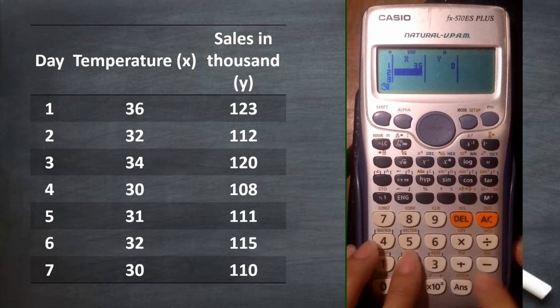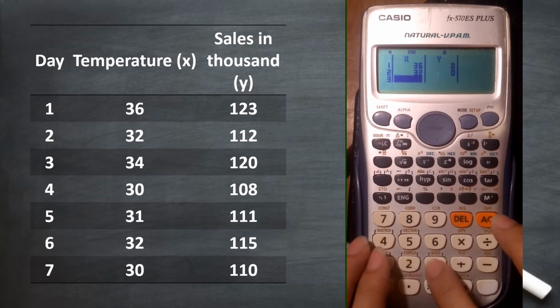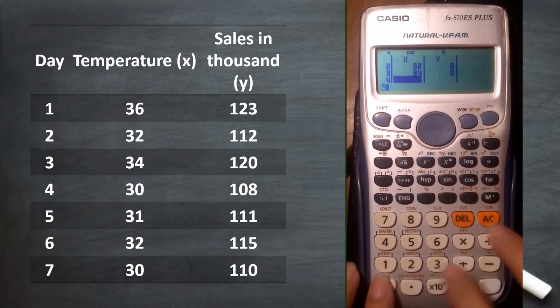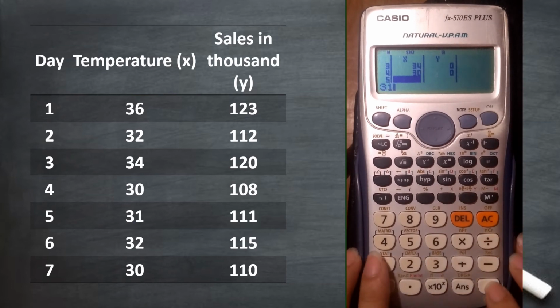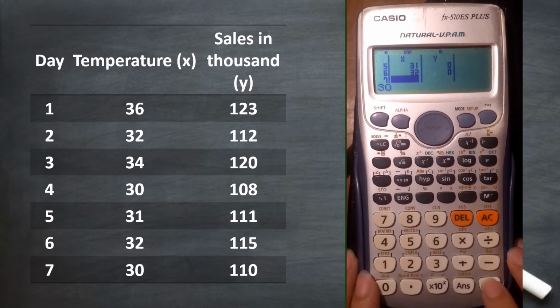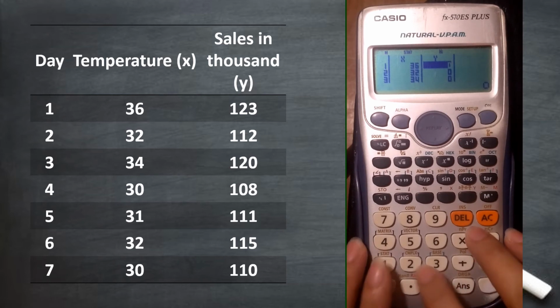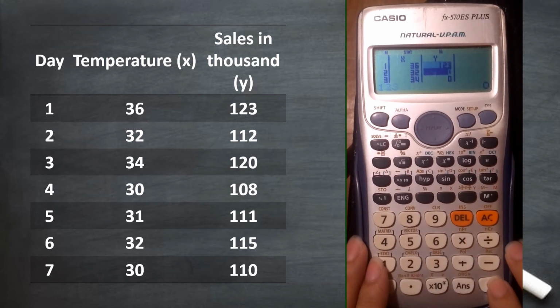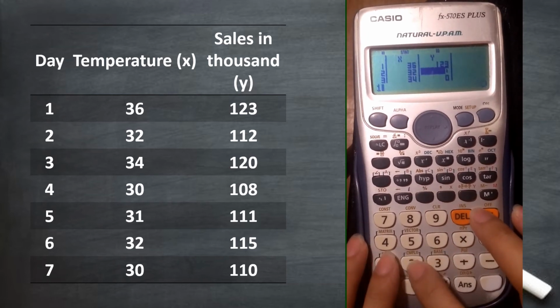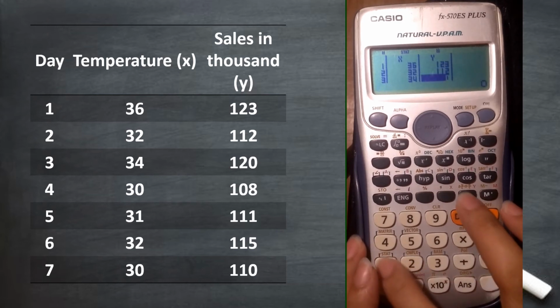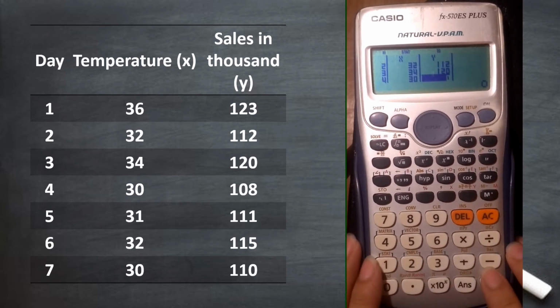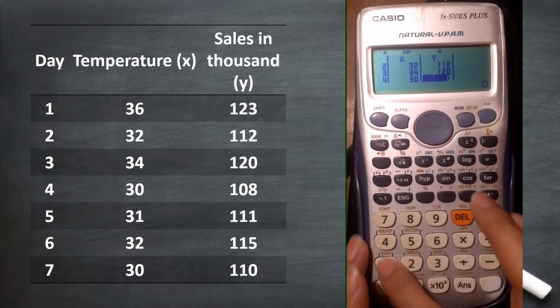We have 36, 32, 34, 30, 31, 32, and then 30. And then you just move the cursor. Then for the Y column, we have 123, 112, 120. Make sure you follow the order of the numbers.